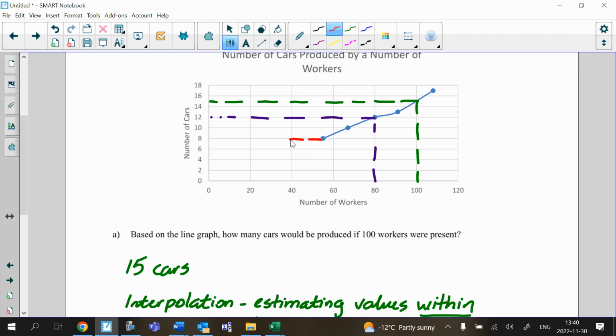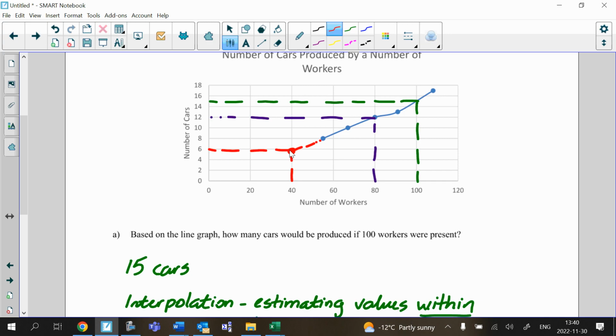And it looks like we're going to get 40 workers as about 6 cars. And that's an extrapolation. So 40 workers would be 6 cars.